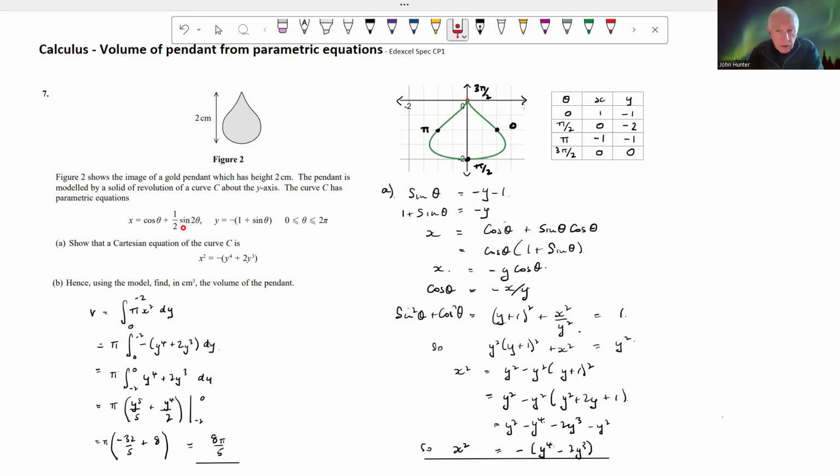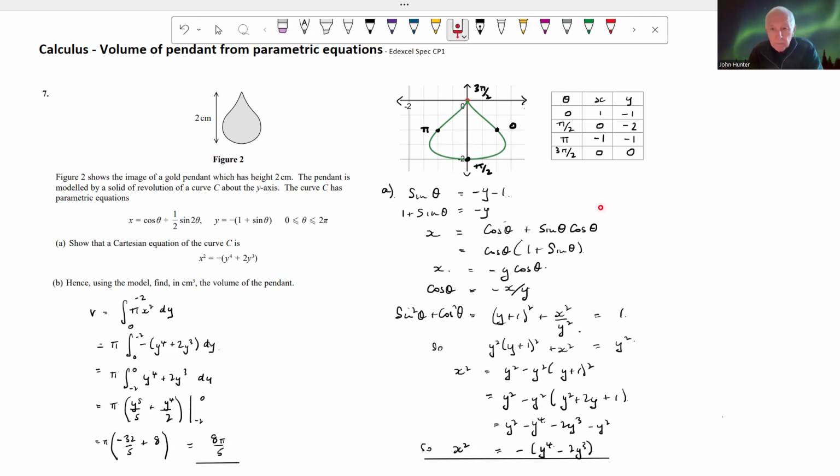Sine 2 theta is equal to 2 sine theta cos theta. So when we then multiply by the half, we get sine theta cos theta, and we can factorize it like that. Which is nice and convenient because then we can do our substitution of 1 plus sine theta in there and we get x equals minus y cos theta. Or what we really want is cos theta equals minus x over y.